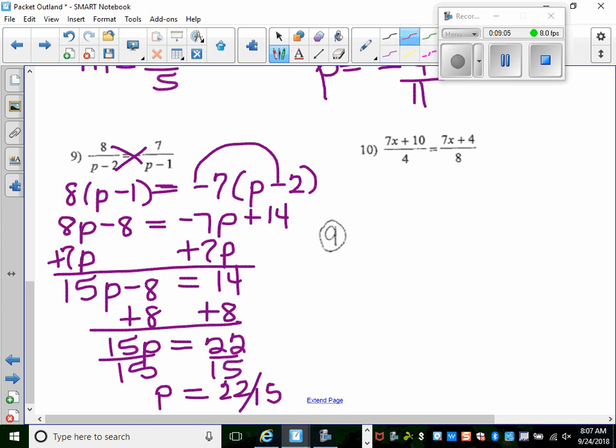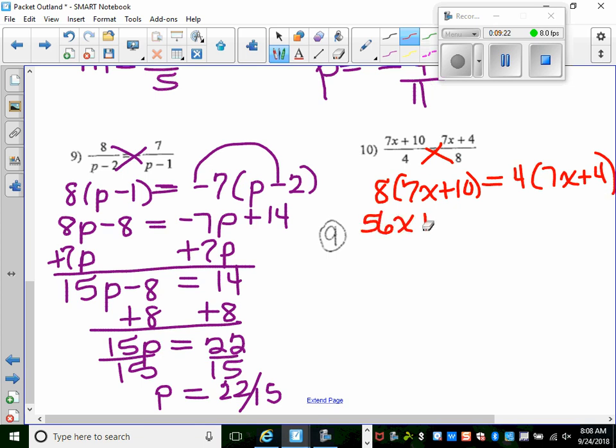So we're going to cross this way and put 8 times 7x plus 10. Cross the other way, 4 times 7x plus 4. Distributive property, 56x plus 80 equals 28x plus 16. This is where I need to get all my variables to one side, all my constants to the other.